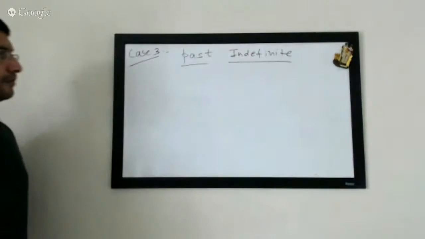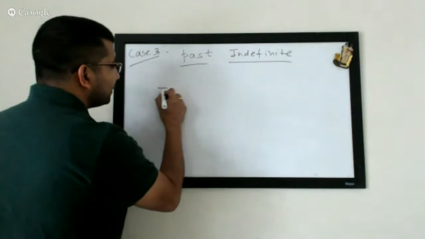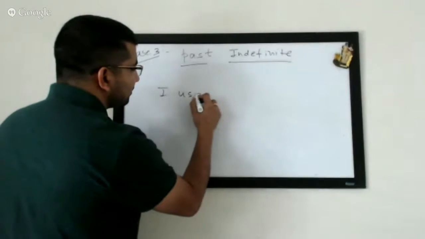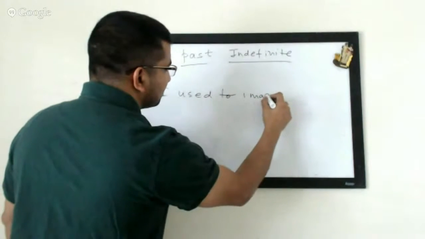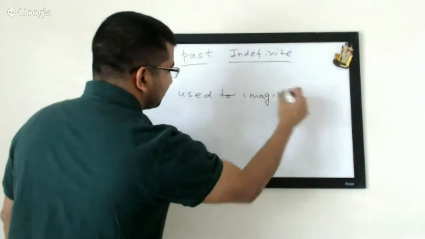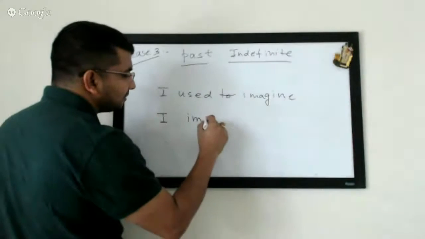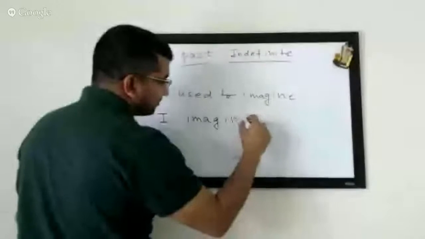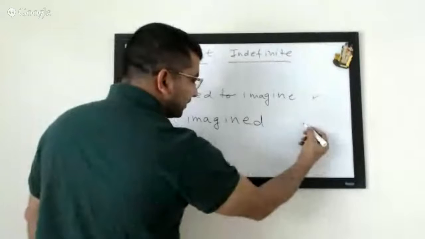Right? I can simply say there are two ways to do that, right? One is I used to imagine, and the second one is I imagined. So this one is a bit simple probably. This one is a bit tricky.